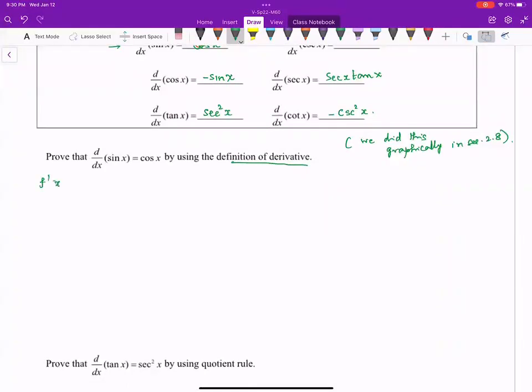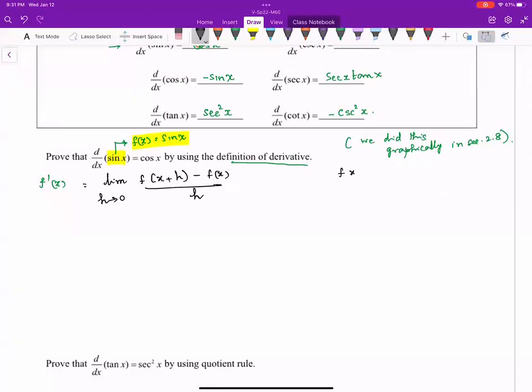So f prime of x, assuming that f of x equals sine x, what is f prime of x? It is the limit as h approaches 0 of f of x plus h minus f of x, divided by h.